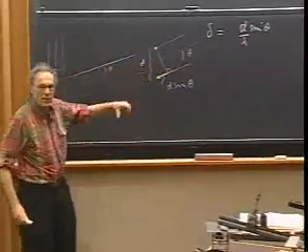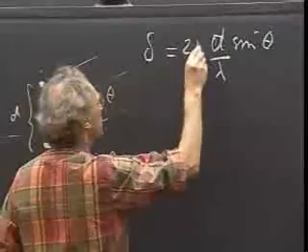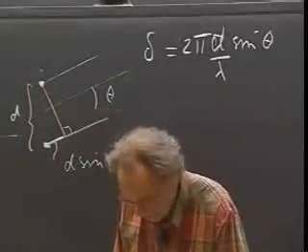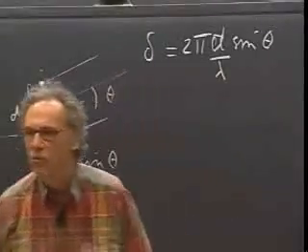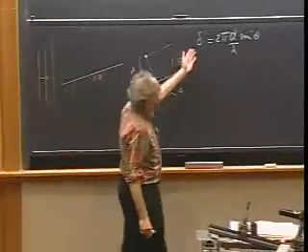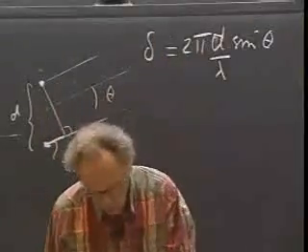And for each time that we can fit a wavelength on there, we have a phase difference of 2 pi. So this delta is the phase difference. And we had the same equation last time for double slit interference. There's no difference. And if this delta is a multiple of 2 pi, then you will have constructive interference.